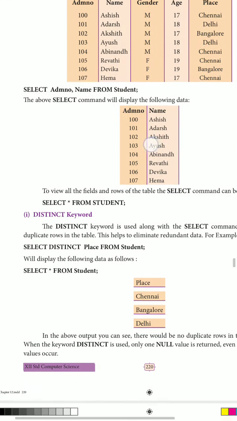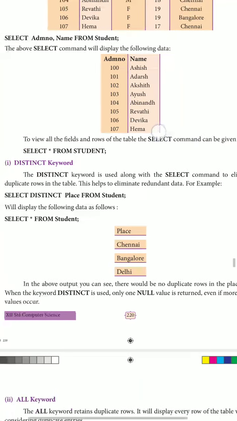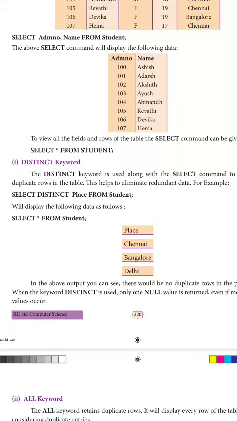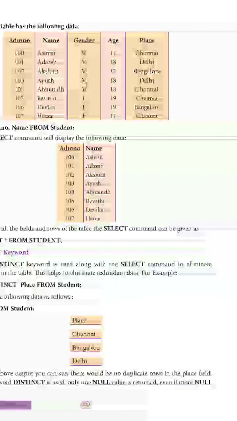Okay, next is the distinct keyword. This distinct keyword is used along with the select command to eliminate duplicate rows in the table. This helps to eliminate redundant data. For example, select distinct place from student. Okay, so you can see the places in the table.